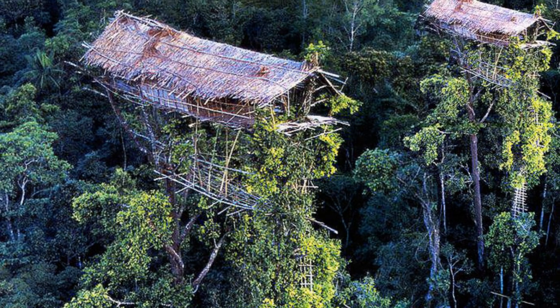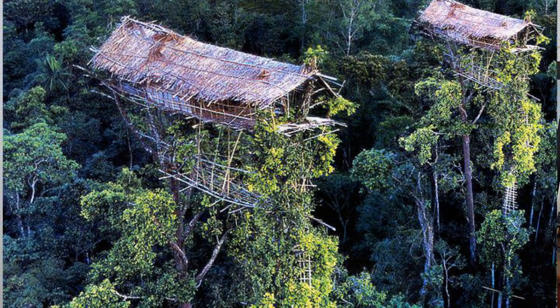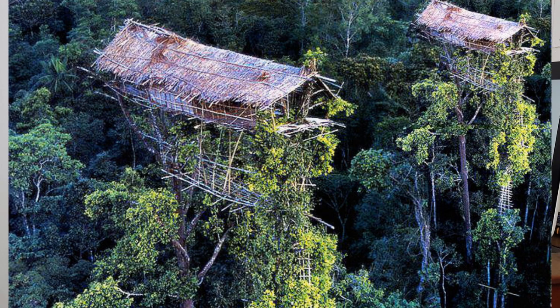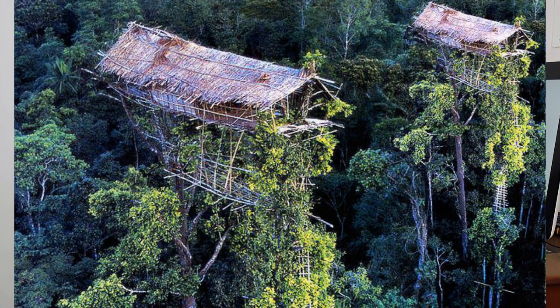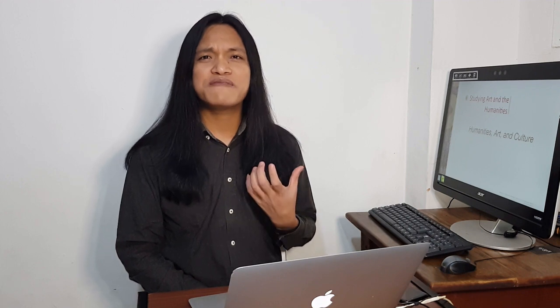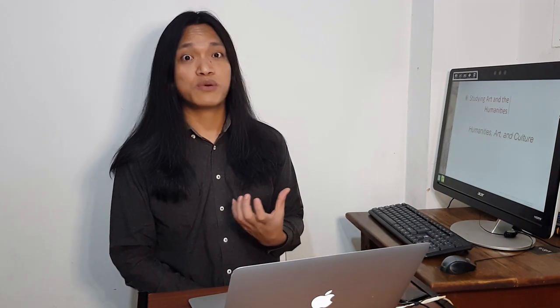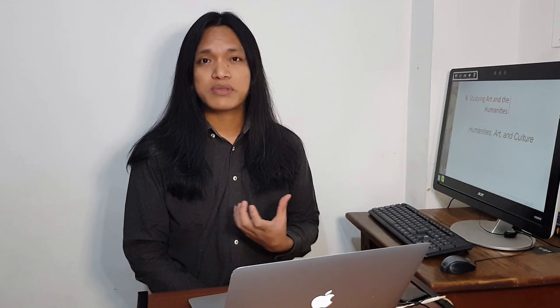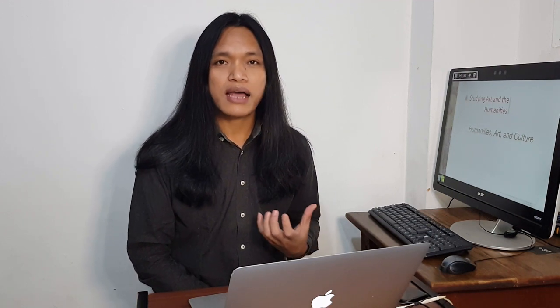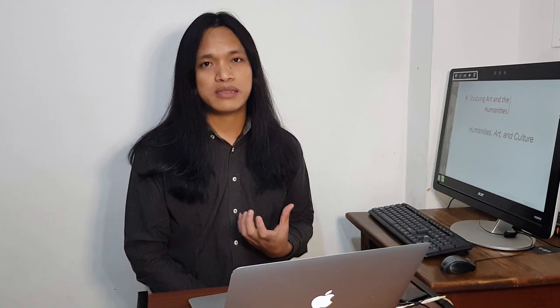And a lot of people from the hinterlands and from the jungles learned how to build houses up in the trees, because the environment dictates them to build houses high in the trees to avoid voracious animals and maybe their enemies.